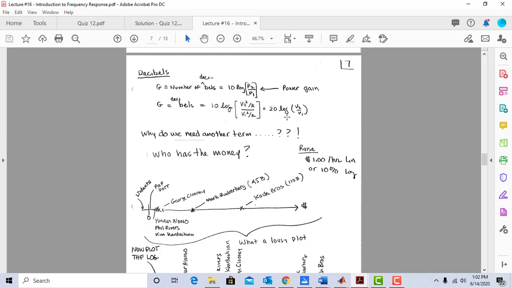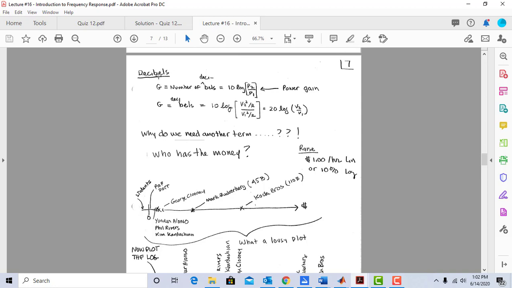What you see is that I end up with a square in my numerator, the R's cancel, and I end up with 20 times the log V2 over V1. So this is the definition of the decibel gain for voltages.